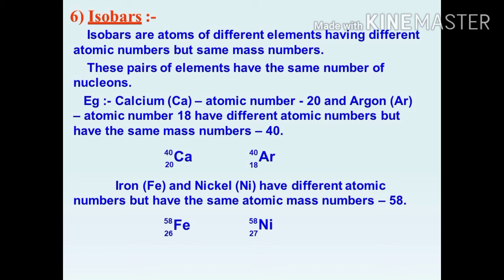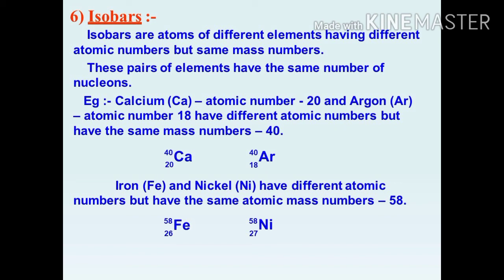Then another example, iron and nickel. See, atomic number is different: iron 26, nickel 27. But see, the mass number is the same, 58 and 58. What is the proton number of iron? 26. Proton number of nickel, 27. That is the atomic number. Mass number is 58 for both.